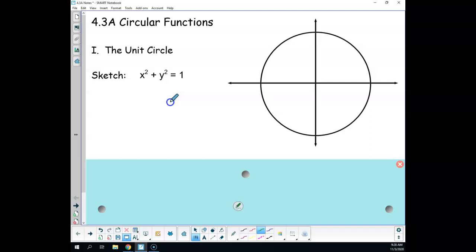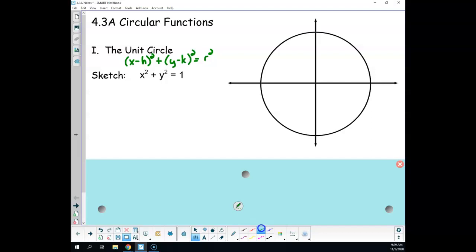Now we didn't get to it this year yet, but the true equation of a circle is (x - h)^2 + (y - k)^2 = r^2, where (h, k) is the center of our circle.